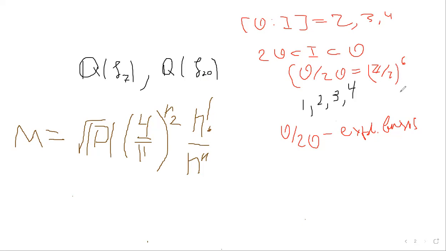I claim you can find some 6 elements in O such that the pairwise products are divisible by 2, and I guess they are linearly independent mod 2.